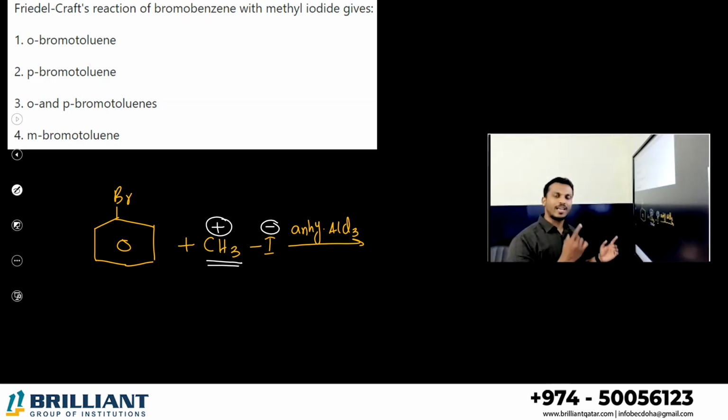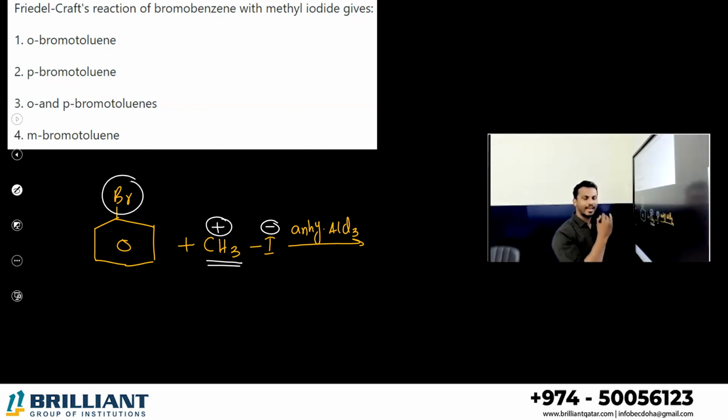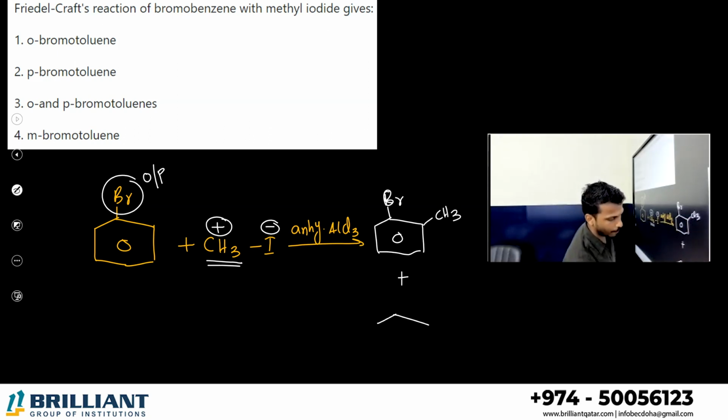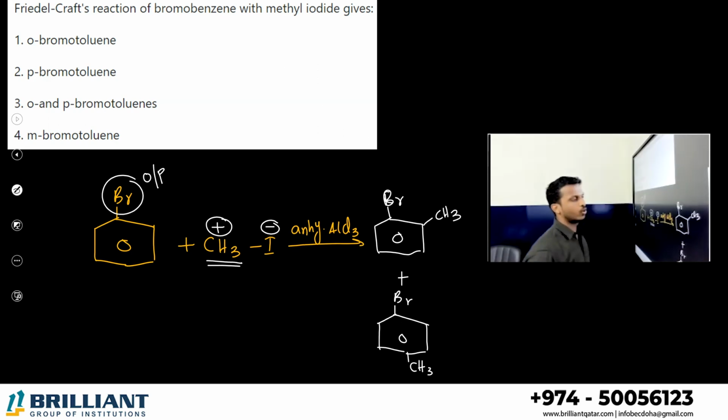Where can this electrophile attack, on which position in benzene? That depends on the existing group on benzene. What is the existing group? Bromine. A halogen directly connected on the benzene ring acts as an ortho-para directing group. Correct. So CH3 can go to either ortho position, Br is there, or to the para position.